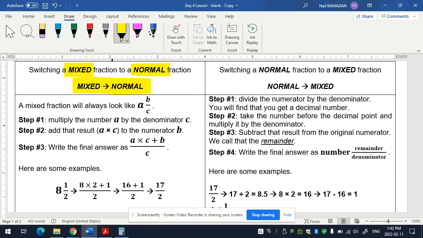Step number three, which is the final answer, you're done in 3 steps: write the final answer as whatever you got from the multiplication plus B, so you added it, all still over C.